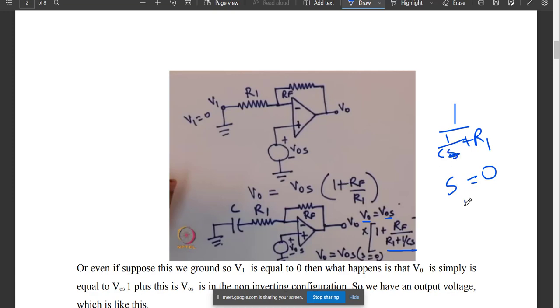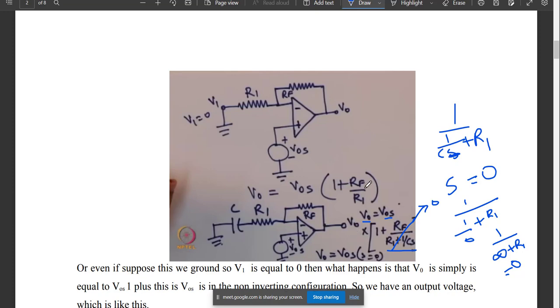When S is 0, it is 1 divided by 0 plus R1, so 1 divided by 0 is 1 divided by infinity plus R1. Now 1 divided by infinity will be 0, so here it will be RF upon infinity plus R1, which will be 0. So this whole term will become 0.